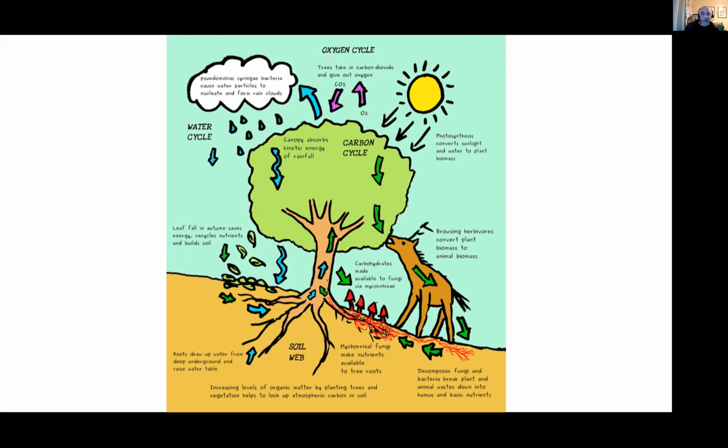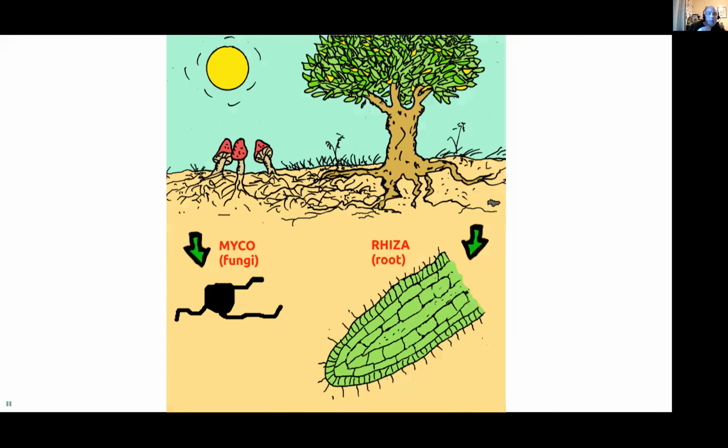But the other third category of fungi are what we would call the symbiotic fungi, which have a mutually beneficial relationship with the tree. And I'm going to zone in on our mycorrhizal fungi a little bit closer.